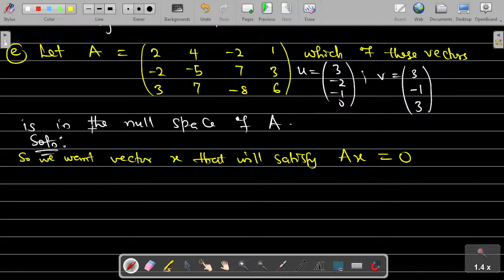And of course you can see that I wouldn't know if this is a mistake from them or from the producer of the material. V has only 3 entries, and if it has only 3 entries, it cannot even multiply A, because the only way any vector can multiply A is that the number of columns should equal the number of rows here.